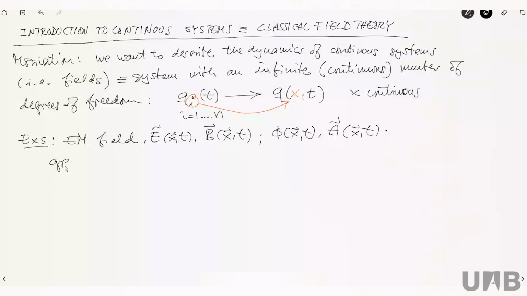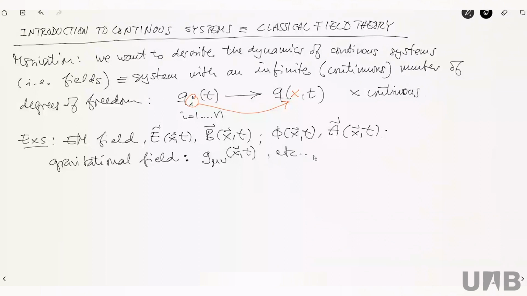The gravitational field also. Actually, the gravitational field, when you do general relativity, you will see that it is actually a tensor which depends on space and time. And this tensor coincides with the metric of the space, okay?